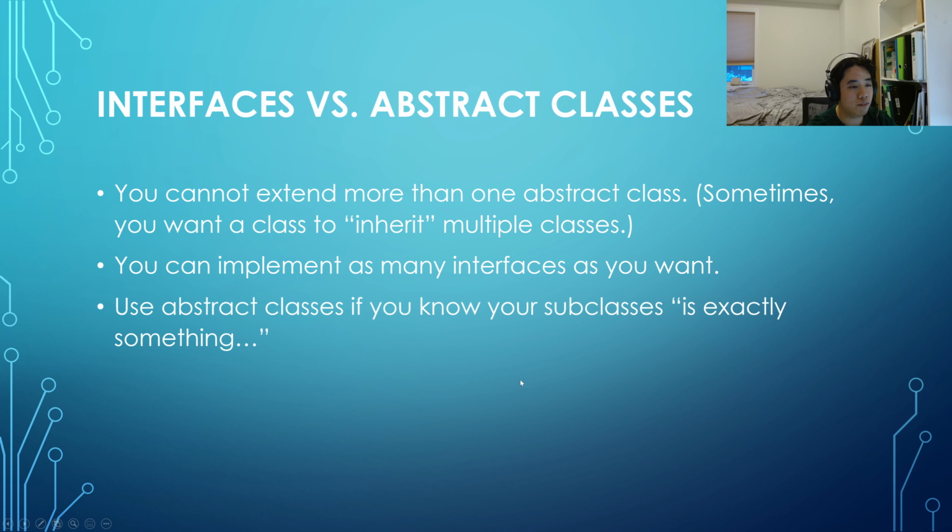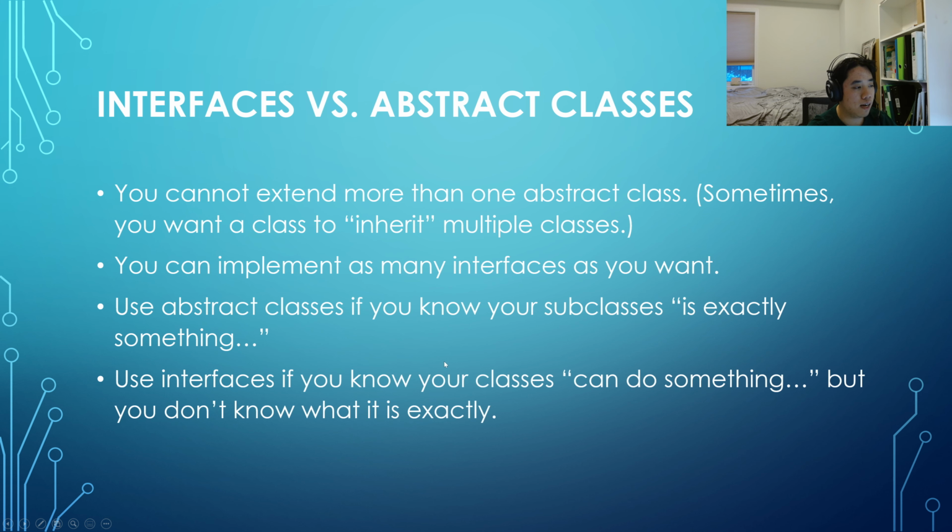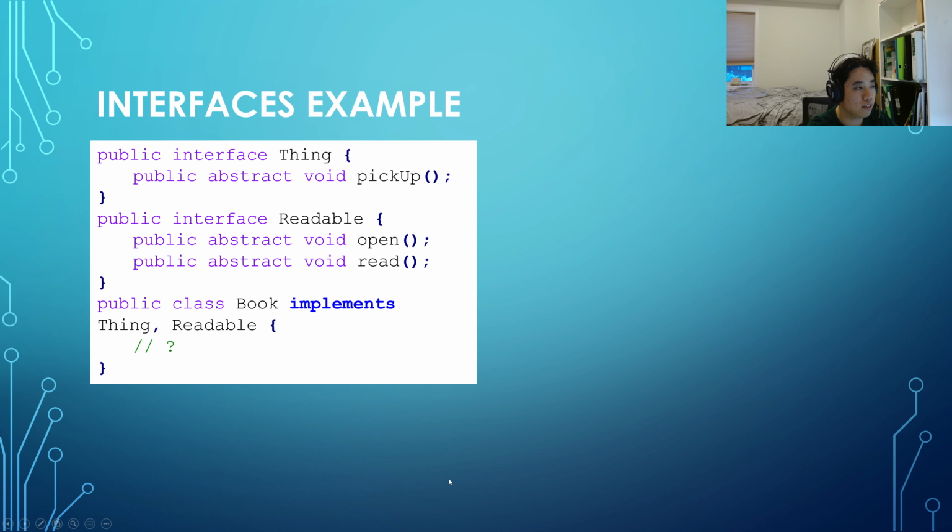One way I could think about those two things would be: use abstract classes if you know that your subclass is exactly something, like how a resistor is a circuit component. And use interfaces if you know maybe your objects can do this thing, but you don't know what it is exactly.